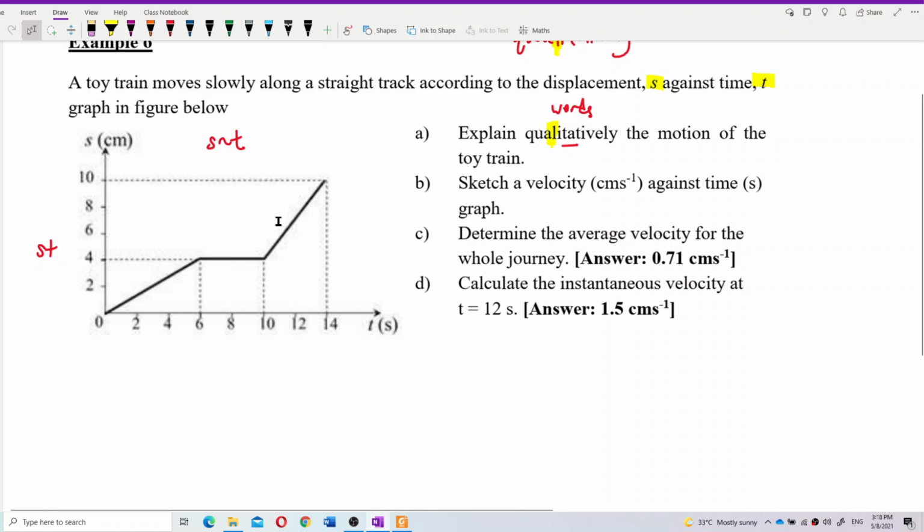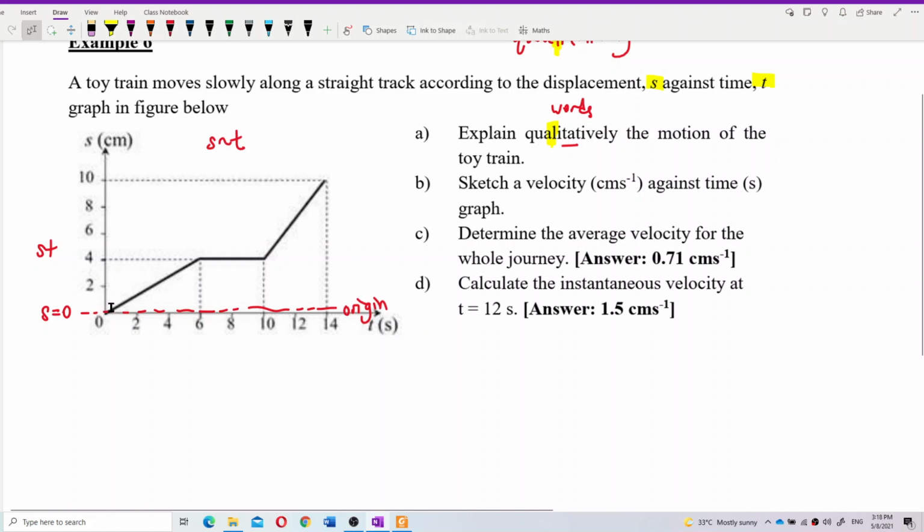All these are positive displacement, and the zero is here. Displacement 0 means this is the origin. This line here is the origin.